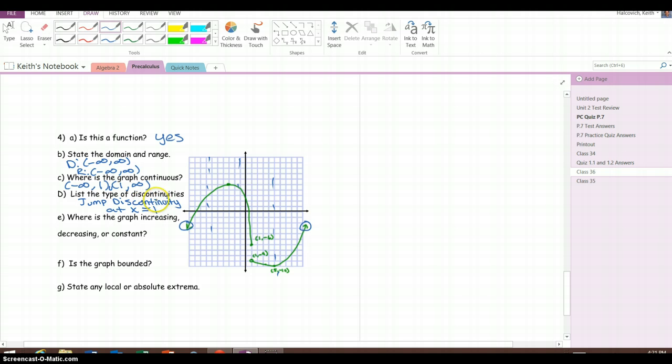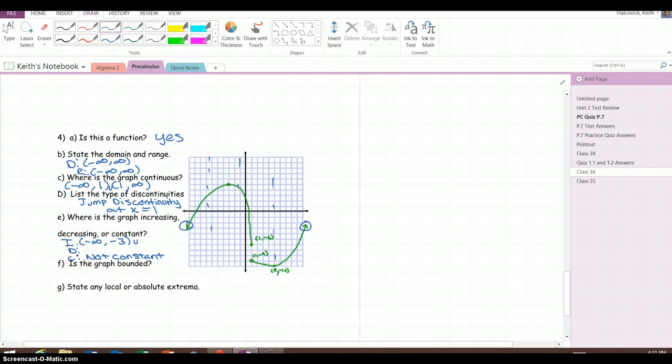Where is the graph increasing, decreasing, or constant? Well, it is not constant because there's no flat part. It increases from negative infinity to this point here, which is at negative 3.